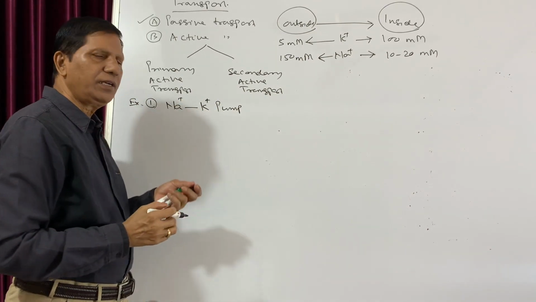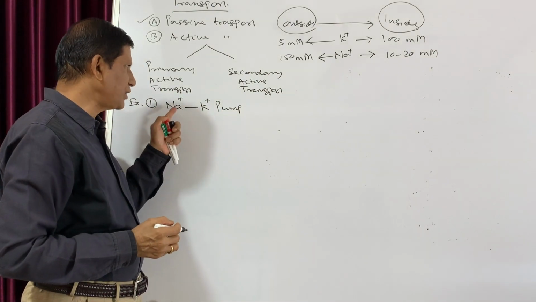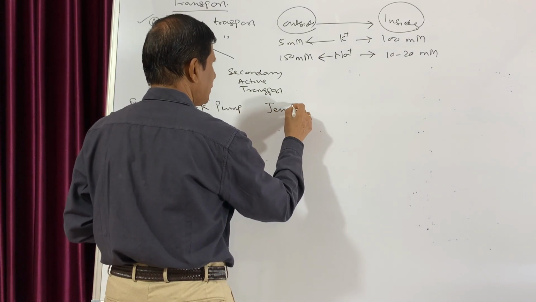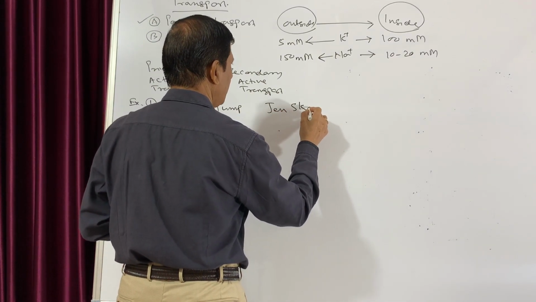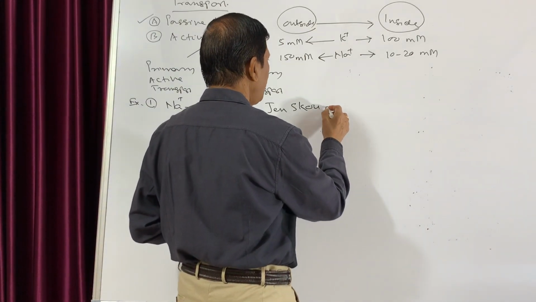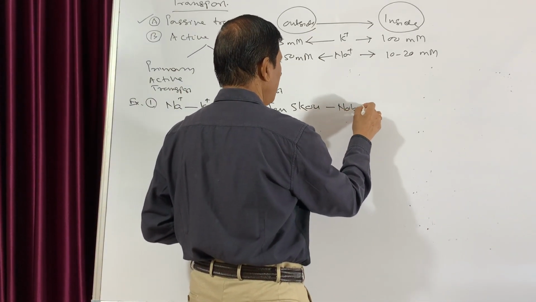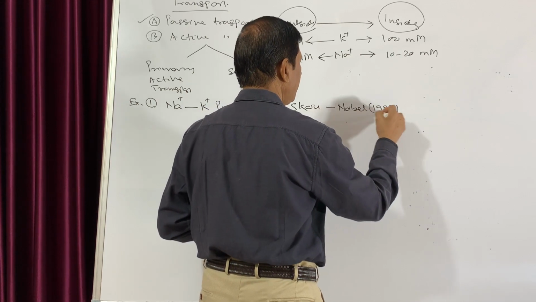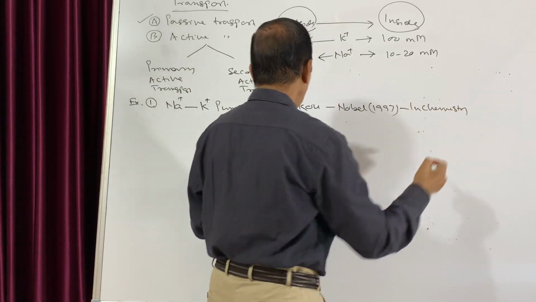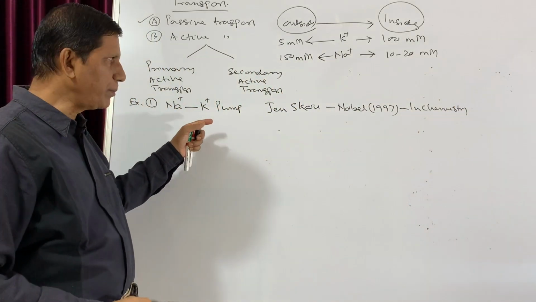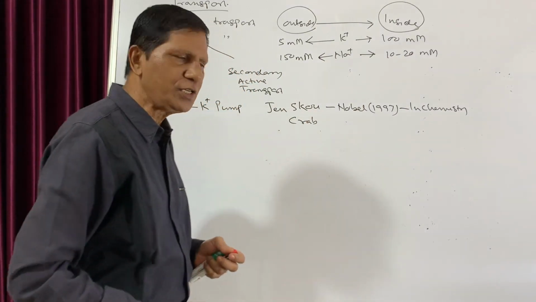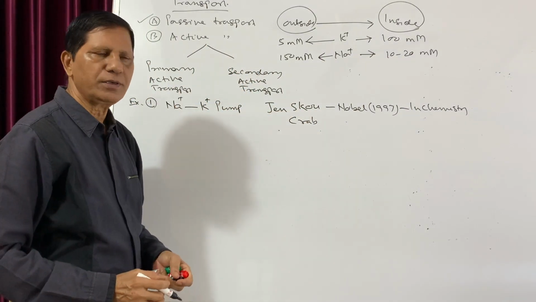For work on this sodium potassium pump, the Japanese scientist Jens Skou was awarded the Nobel Prize in 1997 in chemistry, because he worked on this sodium potassium pump in the cell membrane of crab, and for this he was awarded the Nobel Prize.